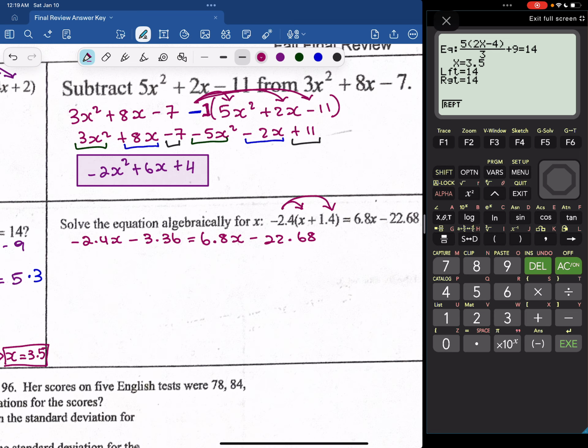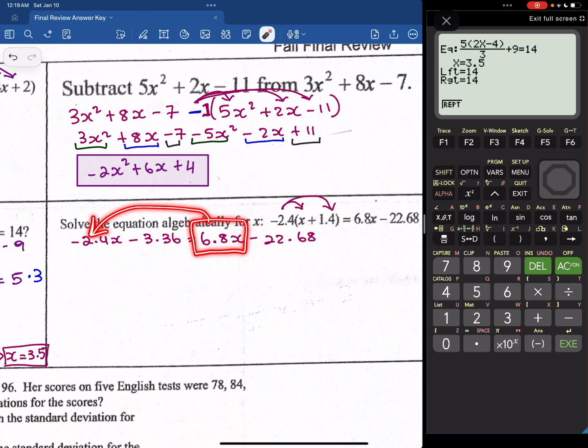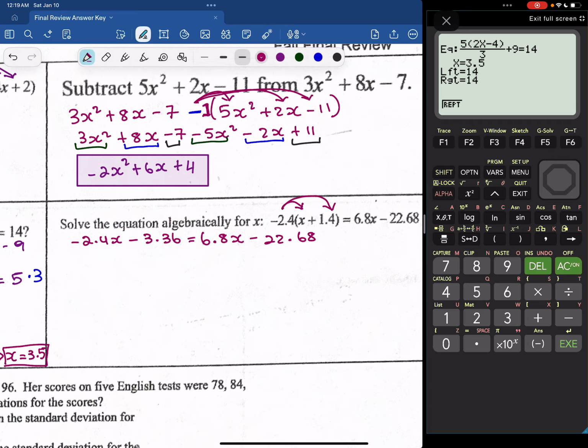From here, we need to move all the x terms to the left side of the equation and all the constants, or the numbers, to the right side of the equation. So I need to bring this 6.8x over to the left side. So I'm going to do the opposite. Since the 6.8 is positive, I'm going to subtract 6.8x from both sides.